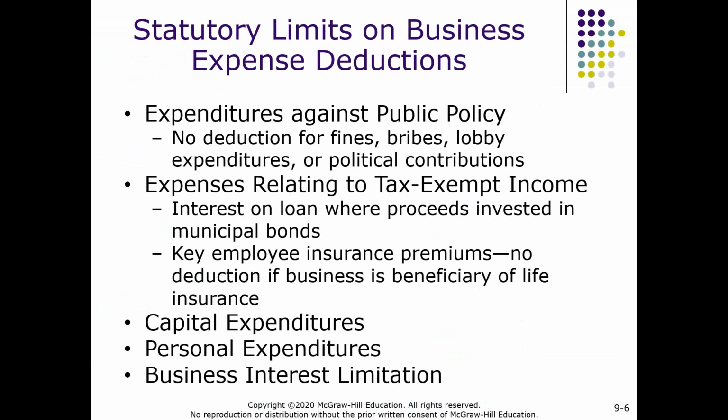Now, there are also some laws on the books here in the United States that basically say, yeah, we understand that if you go to a country, and I'll just pick some country in Podunk, where bribes are generally accepted and required, if it's a bribe and you pay it, you still can't take a deduction for it. In fact, you could be held legally liable as a U.S. citizen.